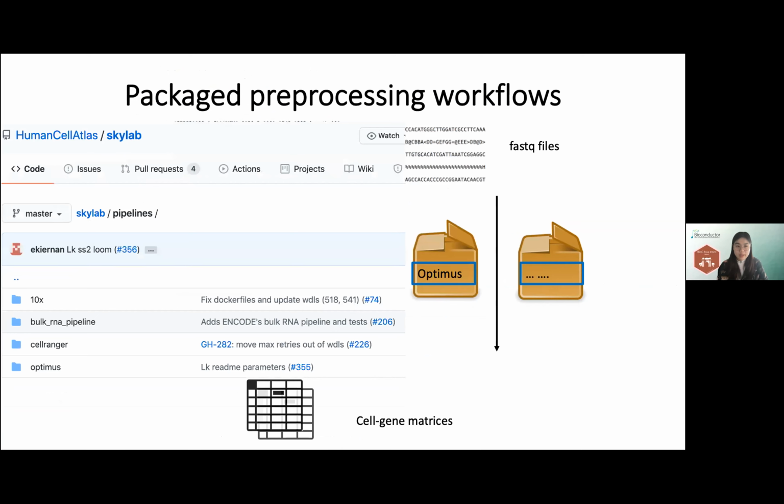And also Optimus, which is developed by the Human Cell Atlas. Using these packaged workflows, you would just need to give the input, which would be the FASTQ files, and it would deliver the count matrix for you.